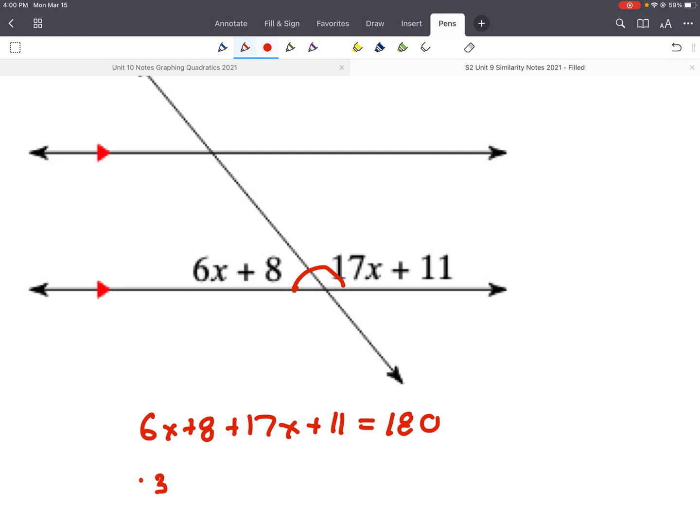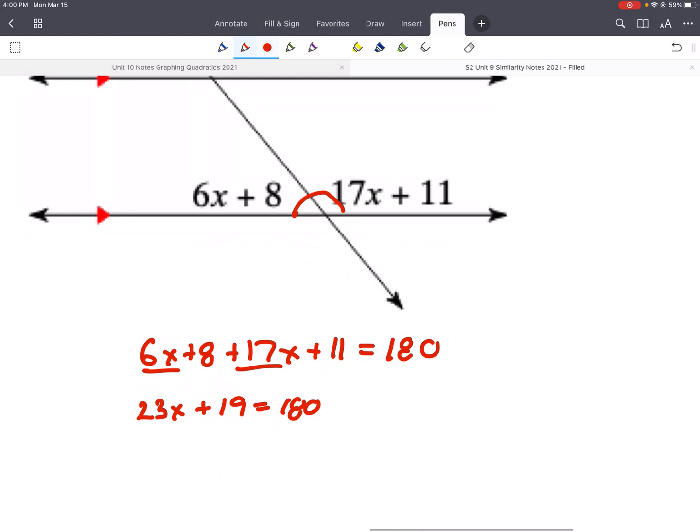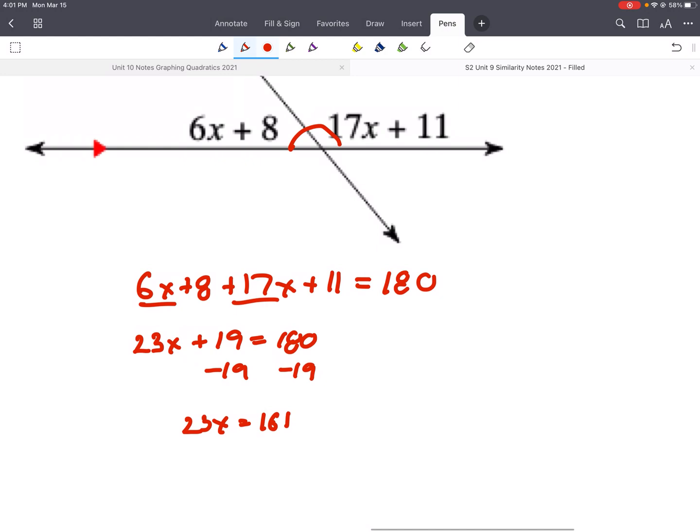That gives us 23x when we combine those, plus 19 is equal to 180. 180 minus 19 gives us 23x is equal to 161, and then divide both sides by 23, and you get x equals 7.